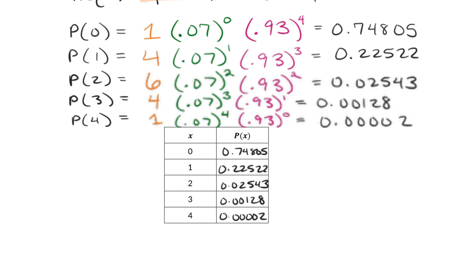I wrote these on purpose the way I did so that you could see a pattern forming. What decreases? As the frequency gets bigger, the probability decreases. Okay, that makes sense because our probability of finding a success is 7%, so there's more of a chance for us to get a failure. So you're right, it will get smaller as we have more successes.